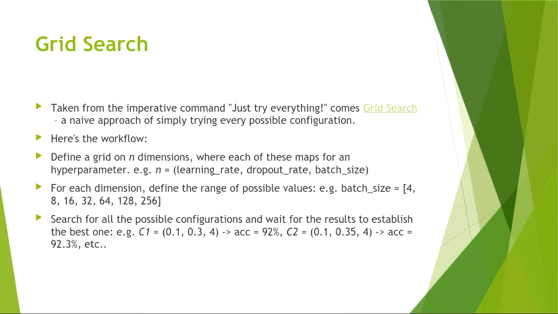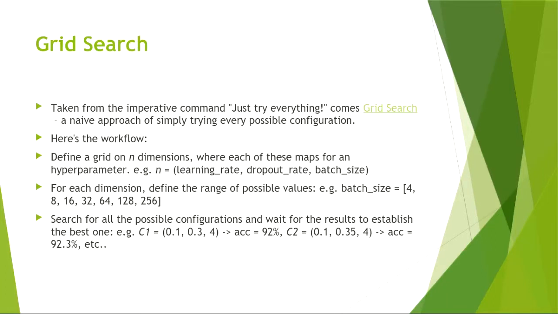For every possible value you define certain batch sizes, like 4, 8, 16, 32, 64, 128, 256. It depends upon you what kind of modeling you are doing and what kind of values you are trying to put.